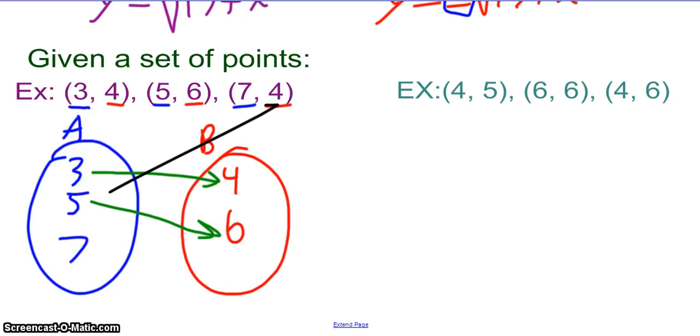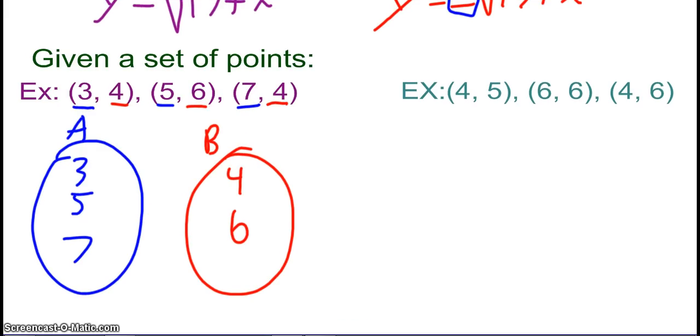5 goes to 6. Okay, again, I apologize for technical difficulties, but let's look at this again. So the 3 goes to 4, the 5 goes to 6, and the 7 also goes to 4, but that's okay.